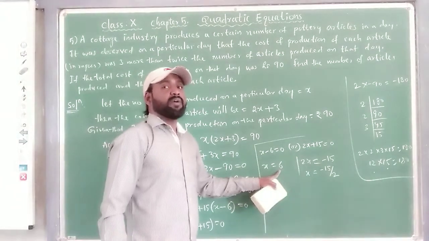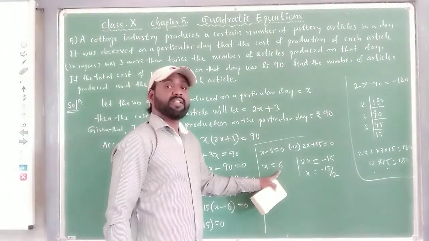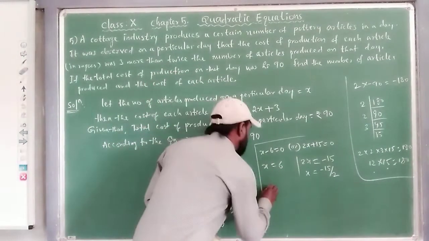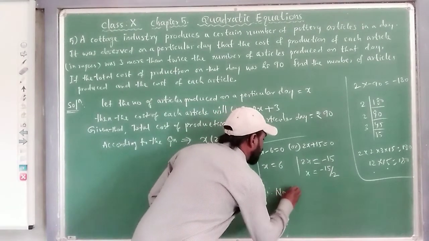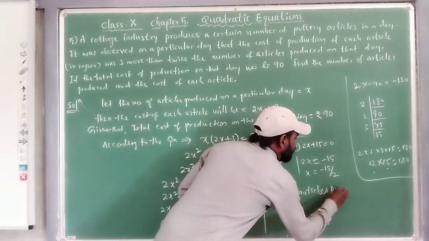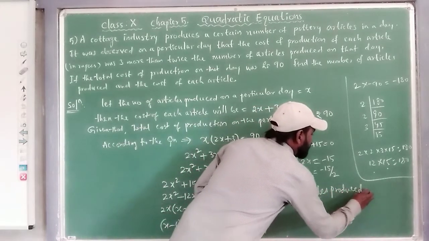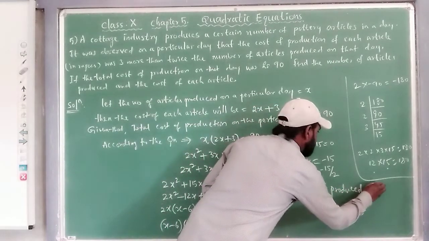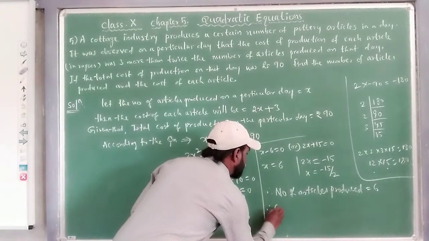What is the next? Number of articles produced on the day when it was observed. Okay, so the number of articles produced on the day is how many? 6. Now the cost of each article.